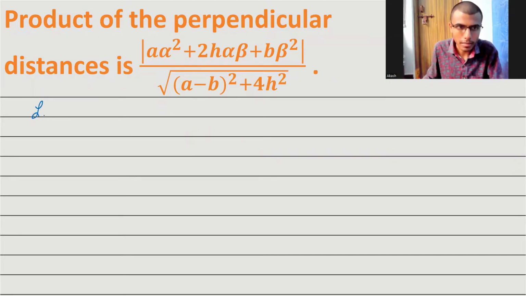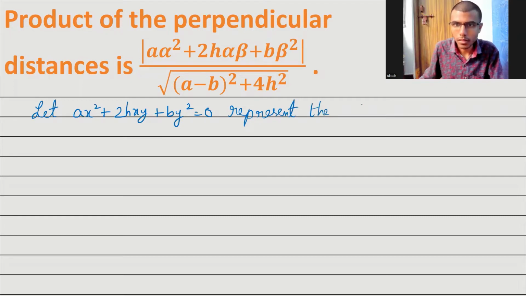Let ax square plus 2hxy plus by square is equal to 0 represent the lines L1x plus M1y is equal to 0.